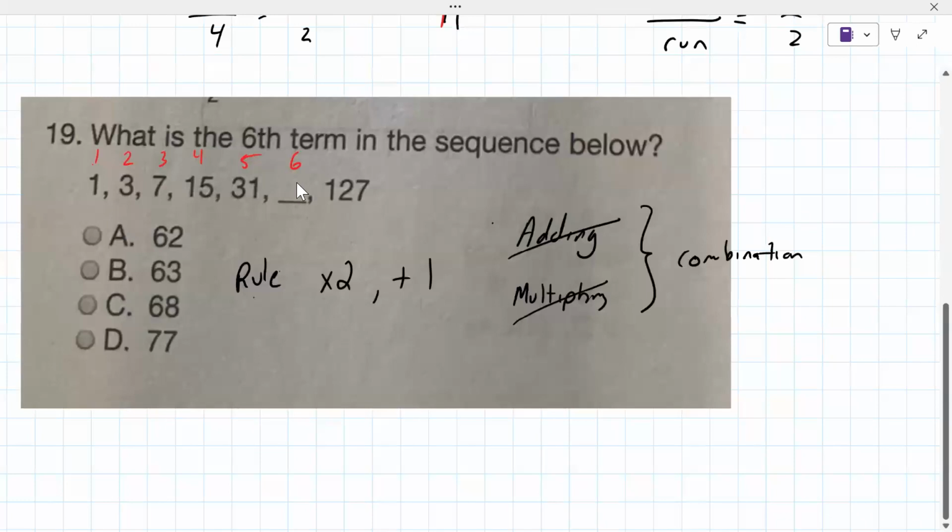So could you use that rule here to find the missing one, please? $63.